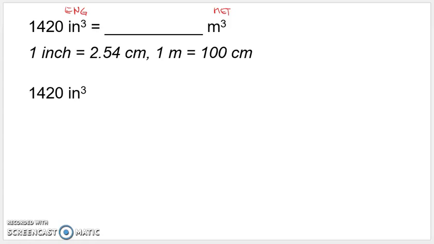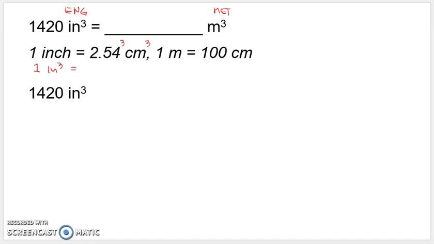So 1 inch cubed, I'm going to cube all of these. 1 inch, if I cube it, is 1 inch cubed, and that's going to equal 2.54 cubed.